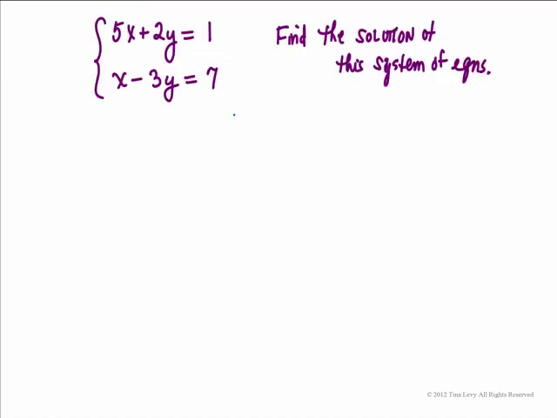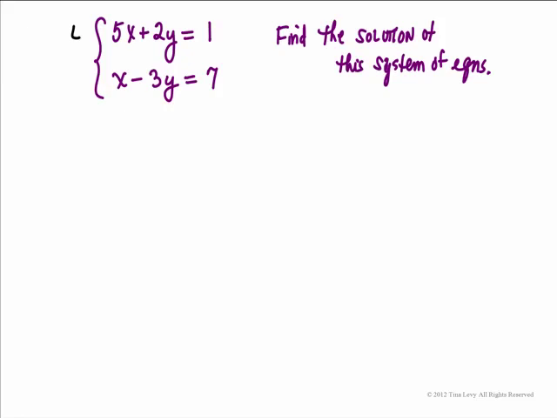Now we're looking at a different system of two linear equations. 5x plus 2y is 1, x minus 3y is 7. I still want to do the substitution method. So in order to do this, I have to look at one of these equations and convert it to either y equals or x equals. I'm going to use the second equation.